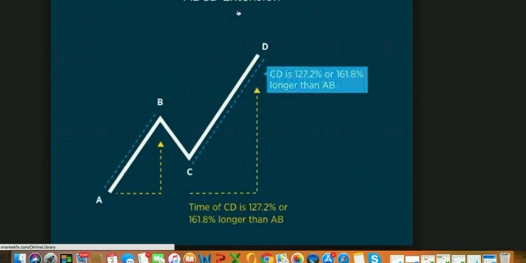So looking at this right here, you can see the ABCD extension, A to B, C to D, with your extension target being the negative 21 and the negative 61.8 fib as well. So that's how the ABCD works, and it's working out the exact time of A to B is usually quite similar to the time of C to D. However, price will extend further as well by a certain percentage.